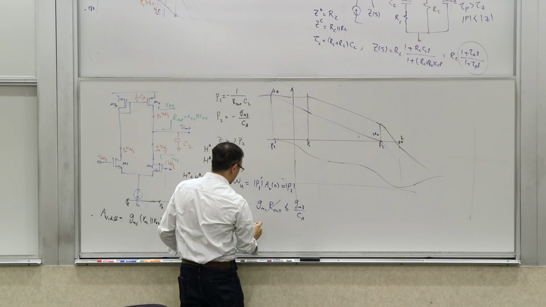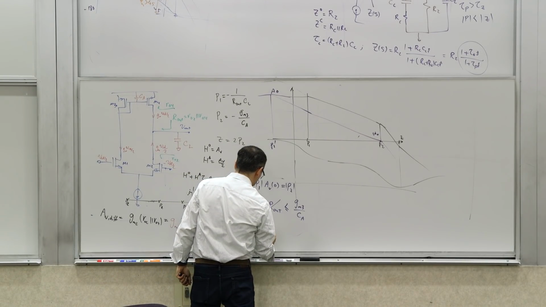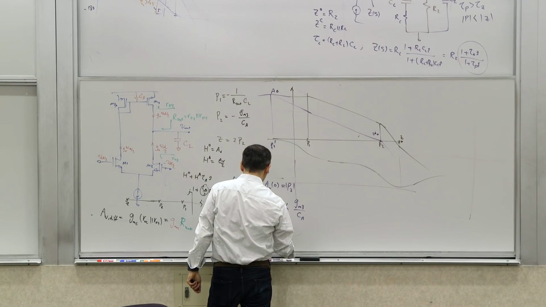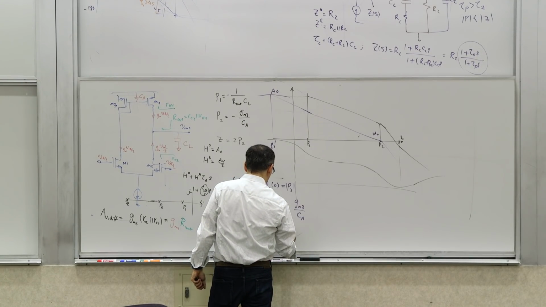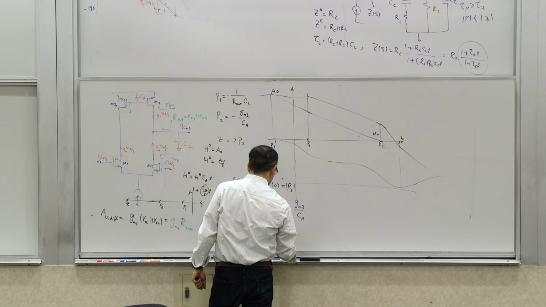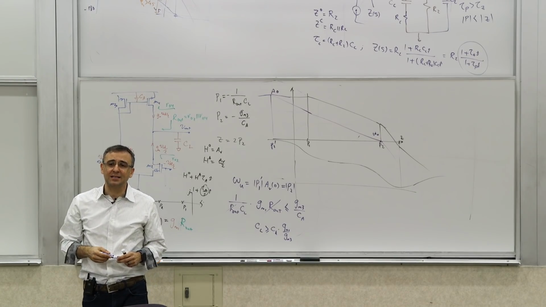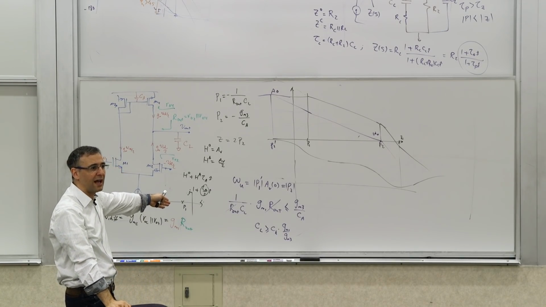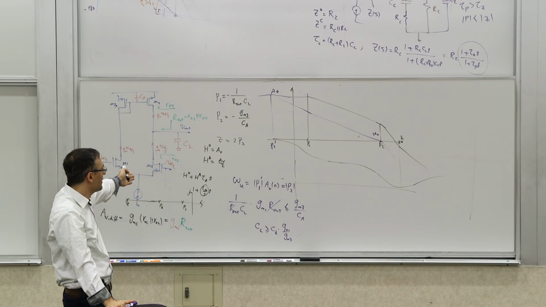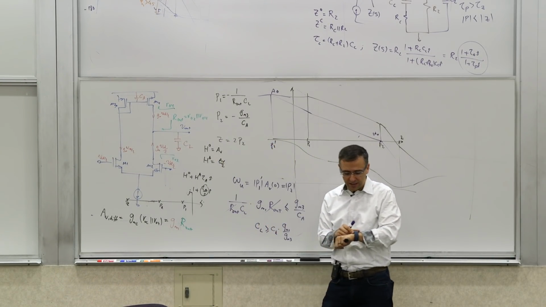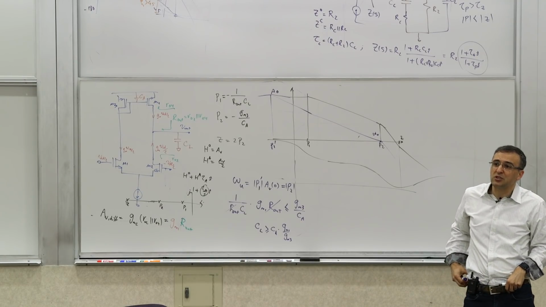So you can rewrite this very simply as CL being greater than or equal to CA times GM1 over GM3. It says pick a load capacitor greater than this value. As long as your load capacitance for this kind of stage is greater than this, your stage is guaranteed to be stable with sufficient phase margin.